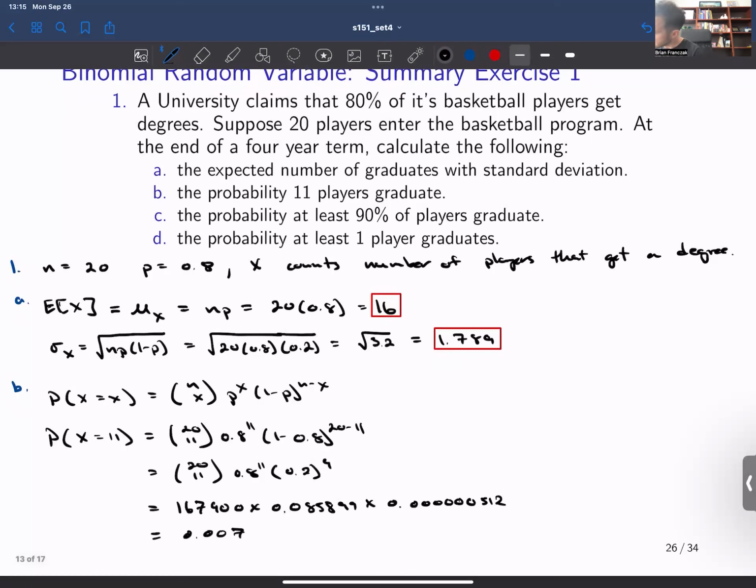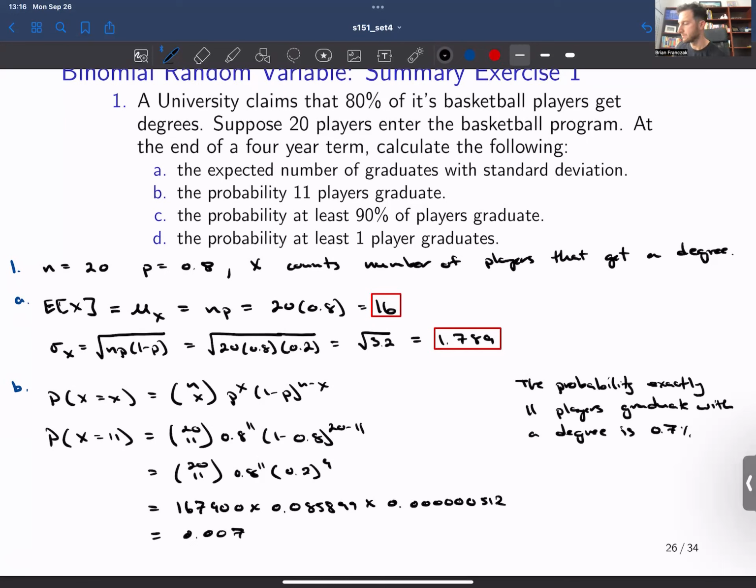So therefore the probability exactly 11 players graduate with a degree is 0.7%. And that's an application of the binomial probability formula. We're going to look at two more examples illustrating this formula in two slightly different contexts.